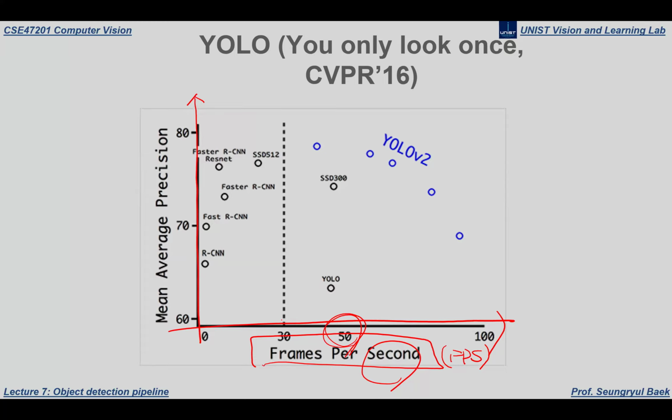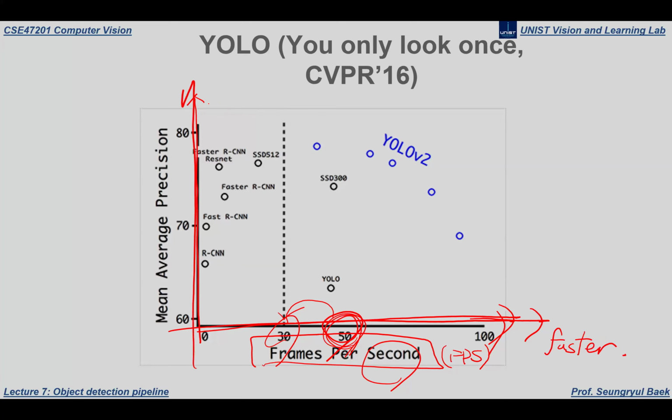If some algorithm can process 30 images per second, it is slower than an algorithm that can process 50 per second. So this measures the speed, and if it goes in this direction, it means faster speed.